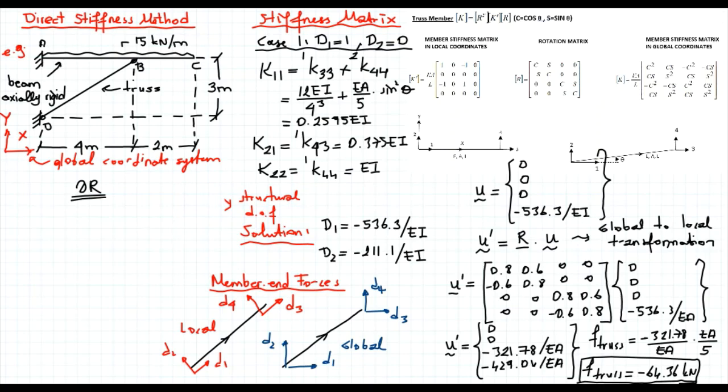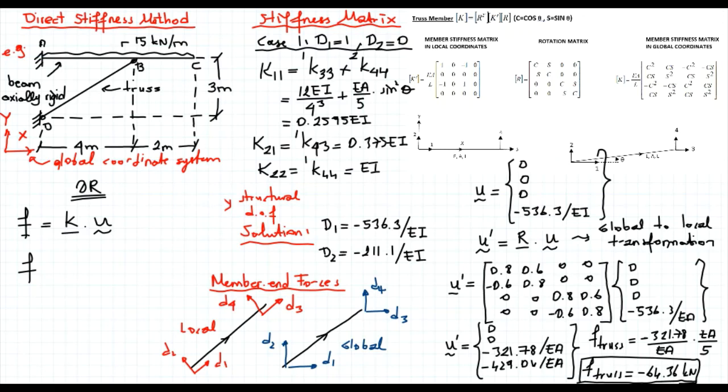The member forces in the global direction are obtained by multiplying the global stiffness matrix, this one, with the global member displacements, that one, and you obtain the forces in the global directions, and then again you perform the transformation.